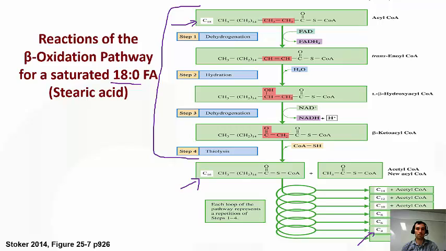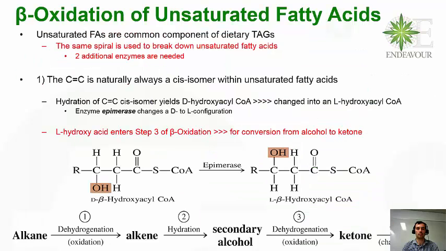So you can see how, starting with 18 carbons within our acyl-CoA, we're able to generate lots and lots of acetyl-CoA. So we'll have a couple of rules that tell us how many acetyl-CoA we're actually able to get out of beta oxidation, and we base this on how many carbons the original fatty acid actually contains.